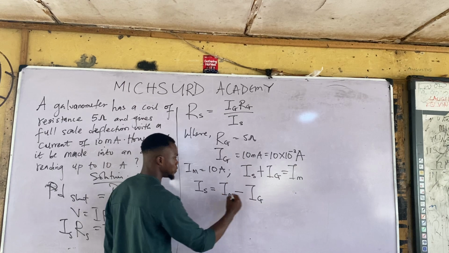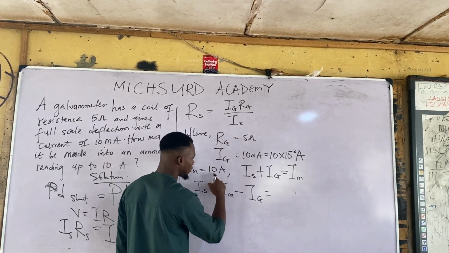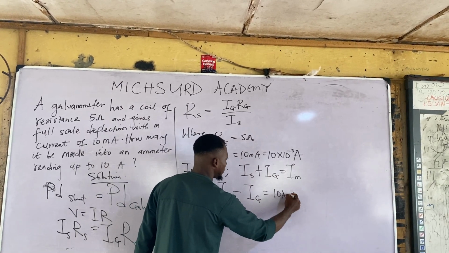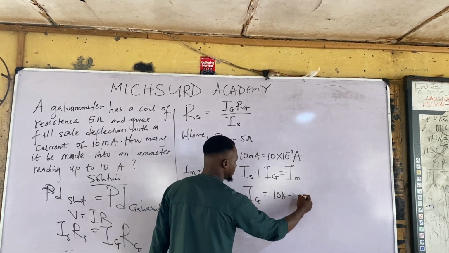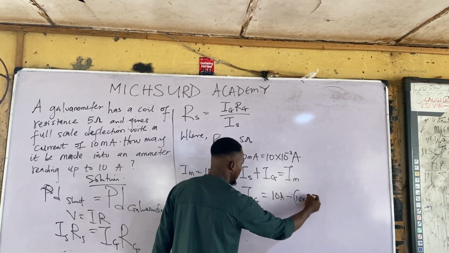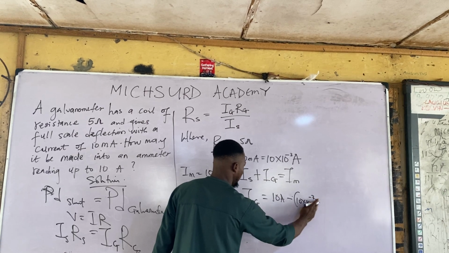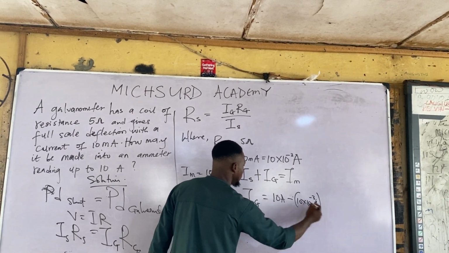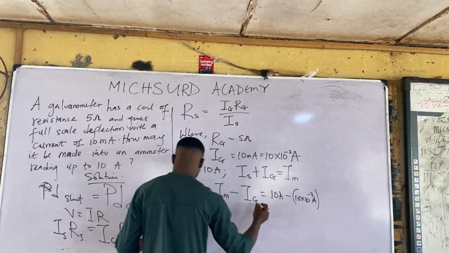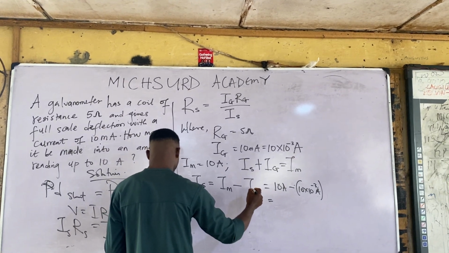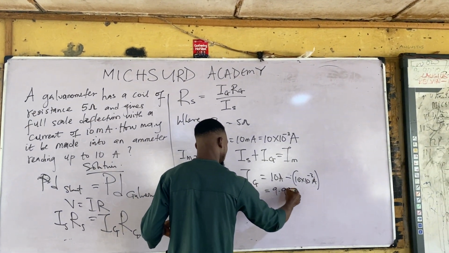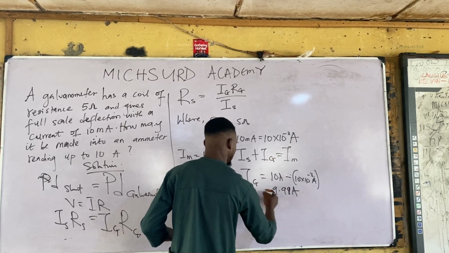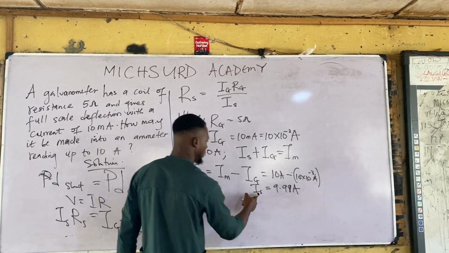So you can substitute: your maximum current is 10 ampere, and the current in the galvanometer is 10 times 10 raised to power minus 3 ampere. If we do the substitution, we got 9.99 ampere. So that is the current in the shunt.